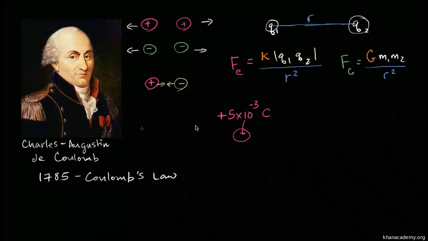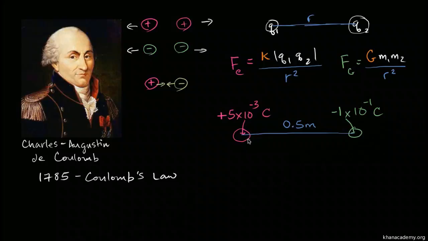And let's say I have this other charge right over here, and this has a negative charge, and it is going to be, let's say, negative 1 times 10 to the negative 1 coulombs. And let's say that the distance between the two, this distance right here, is 0.5 meters. So given that, let's figure out what the electrostatic force between these two is going to be.